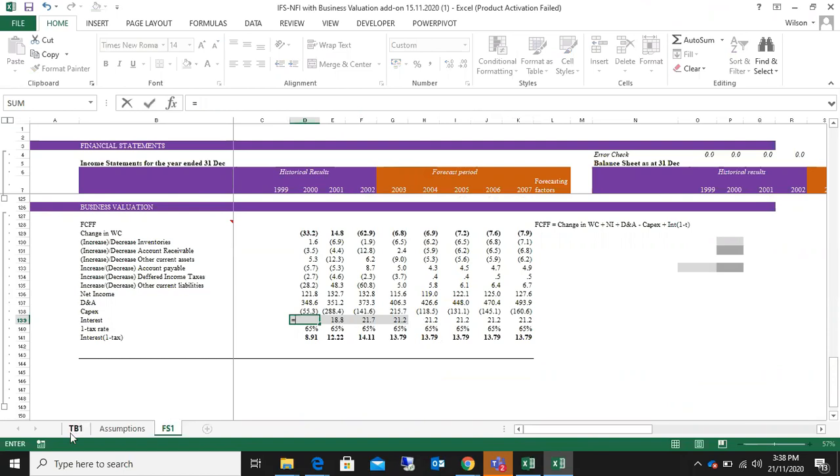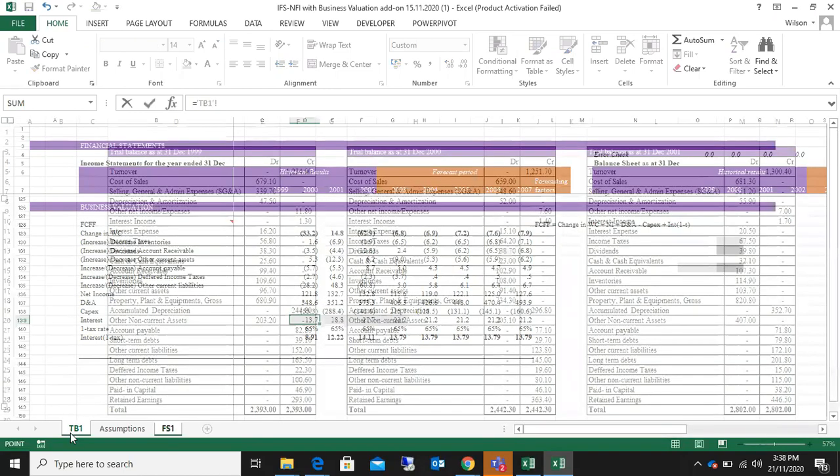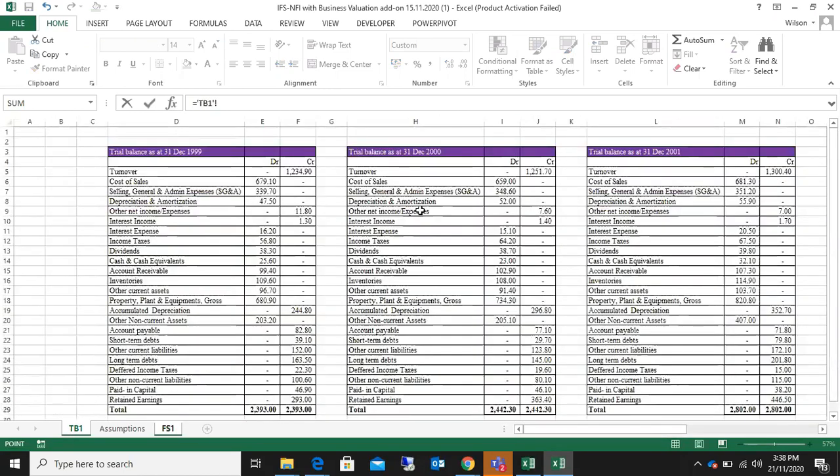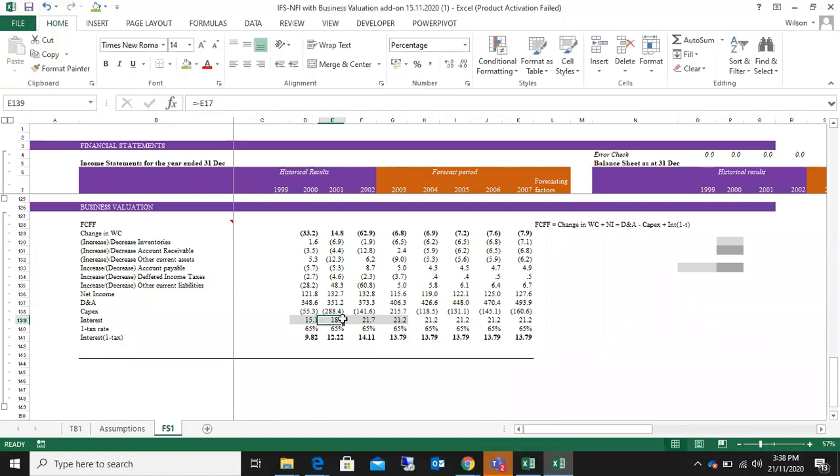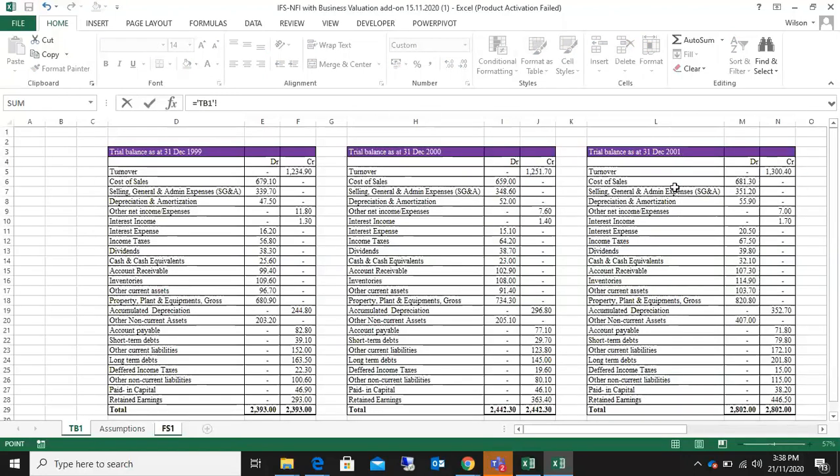Because the trial balance is actually separated, right? So trial balance for 2000, interest expense in year 2000 is 15.1. So it's better you just pick it up straight from here. Interest expense for 2001 is 20.5.